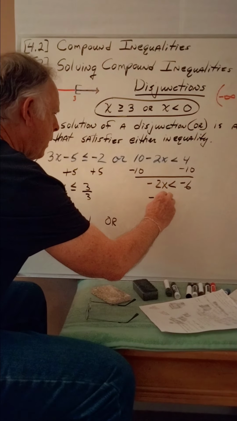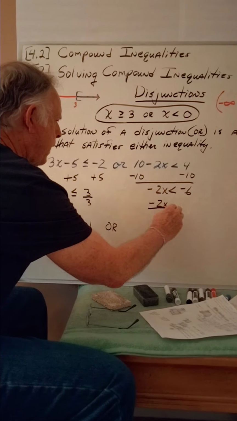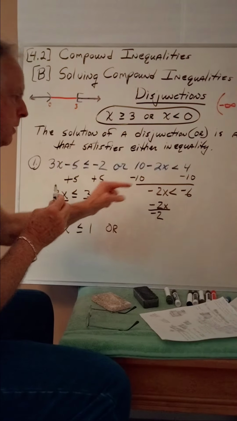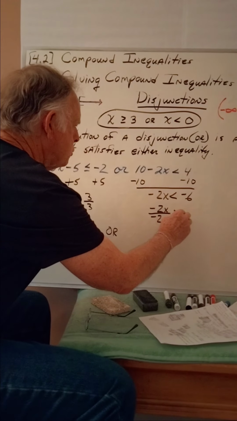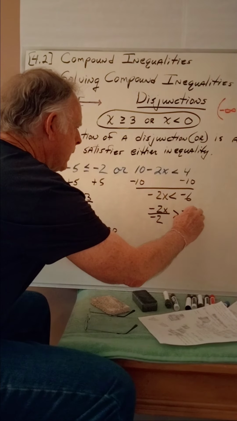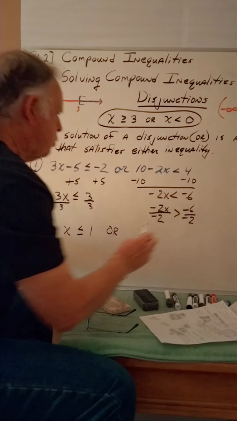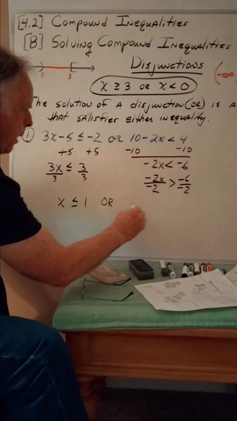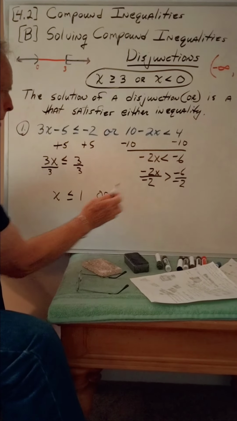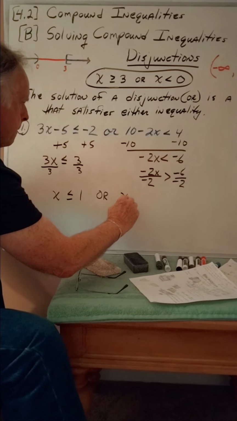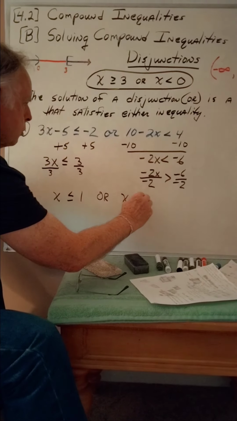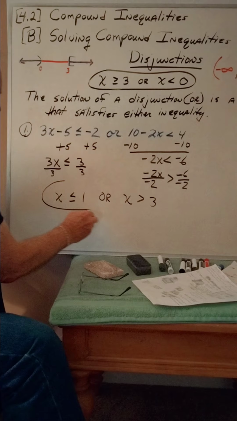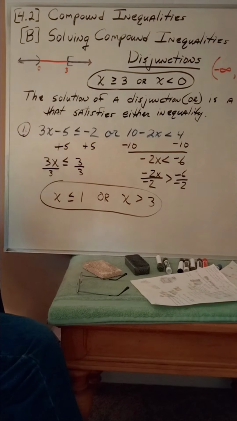I'm going to bring down the negative 2x, divide it by negative 2, and now we'll reverse. X is greater than negative 6 divided by negative 2. And I'll put this other portion of our solution right about here. Or x is greater than 3. So now we ordinarily have the solution.